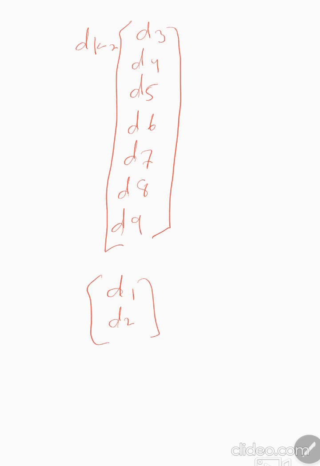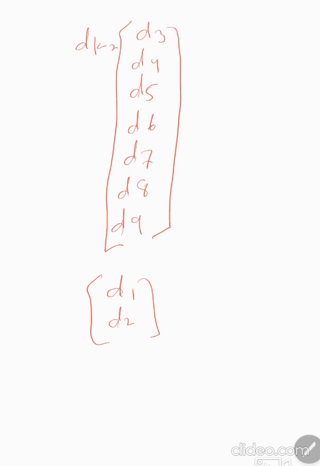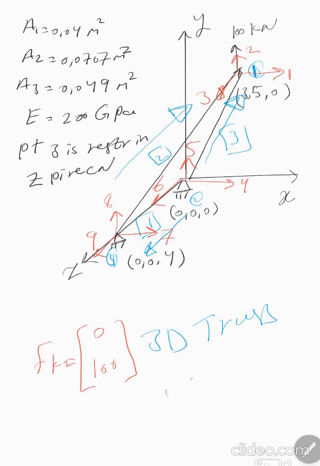Then the next step is to calculate the K matrix of member number 1. How can I do that? For member number 1, I should find the value of L, because as you see here, our shape is inclined and the values of x, y, and z for each node are already given.